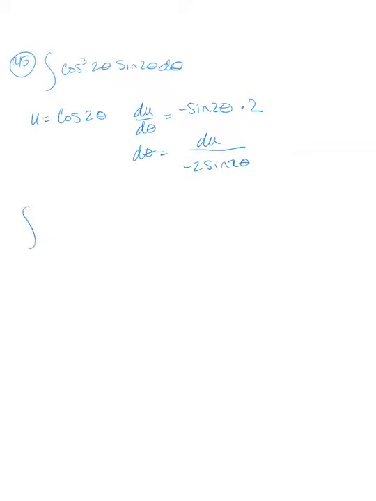Okay, plug everything into the integral, and I get u cubed times sine 2 theta times, instead of d theta, I have du over negative 2 sine 2 theta. My sines cancel. I'm going to take this negative 2. It's in the denominator, so when I pull it out of the integral, it becomes a negative 1/2.